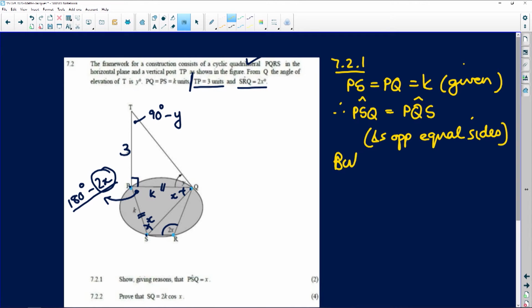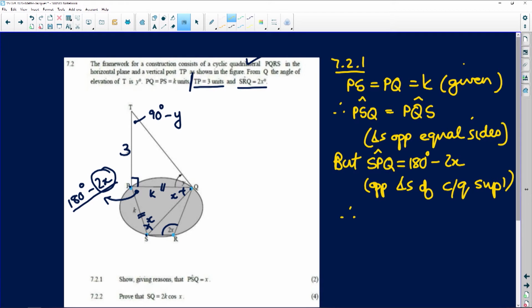But now, it's for 2 marks, but SPQ is 180 degrees minus 2x. Opposite angles of a cyclic quad are supplementary.